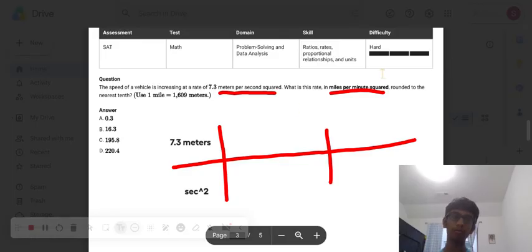We're trying to find out miles per minute, right? So we know that in 1 mile, there's 1,609 meters, right? So 1,609 meters in 1 mile.